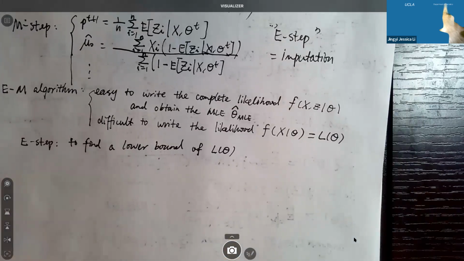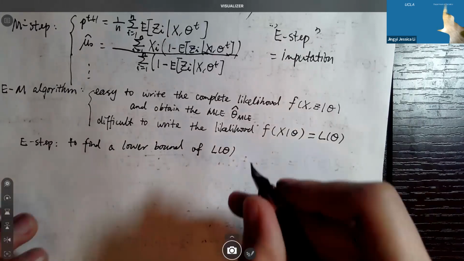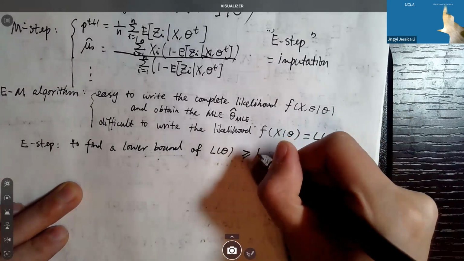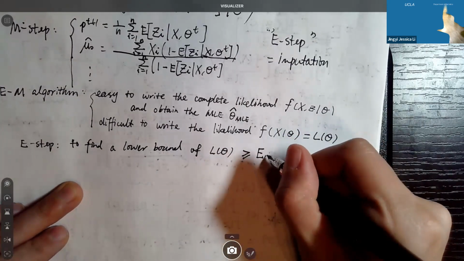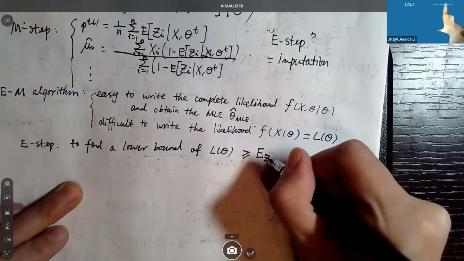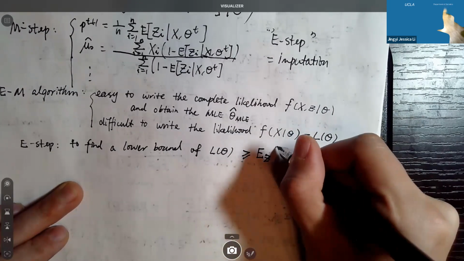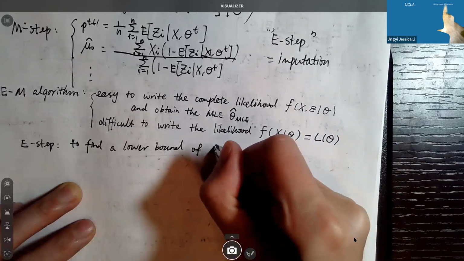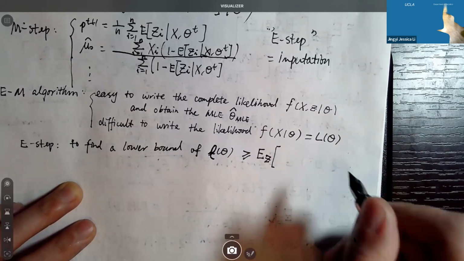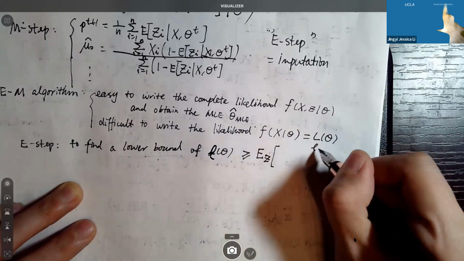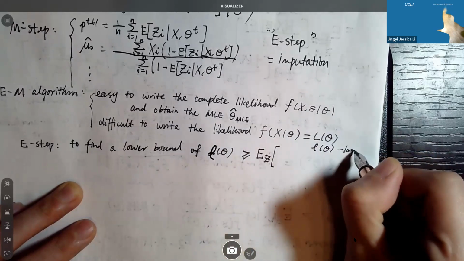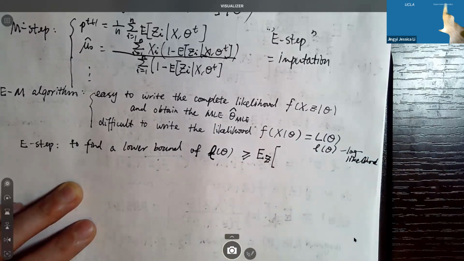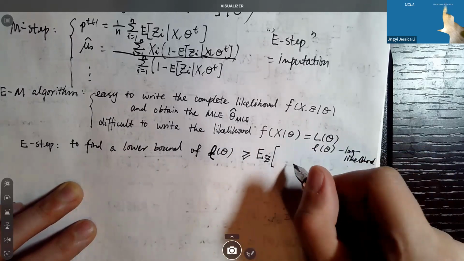We actually showed that the lower bound can be obtained by taking an expectation with respect to z, where z may follow any distribution. Here small l is the log likelihood. So we find a lower bound of the log likelihood as this thing.